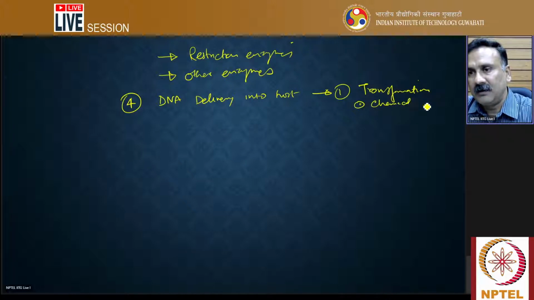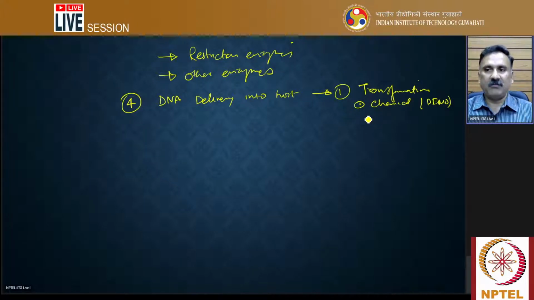We showed you a demo of how to prepare the calcium chloride mediated competent cell preparation, and how to use that for transformations. And then we also discussed electroporation, right?